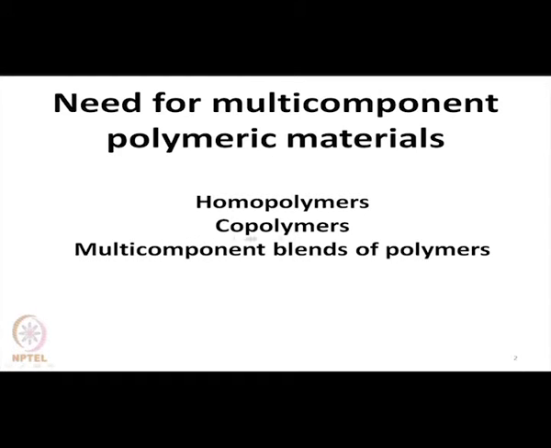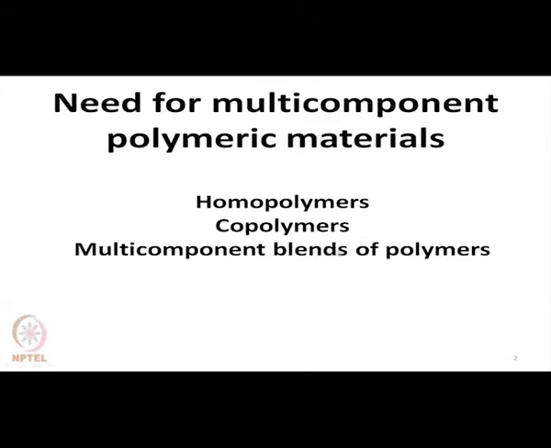Similarly, when people could not be further satisfied with either homopolymer or copolymer, then people thought about multi-component blends of polymers. That means more than one polymer is mixed together.